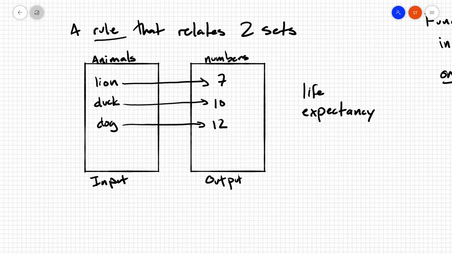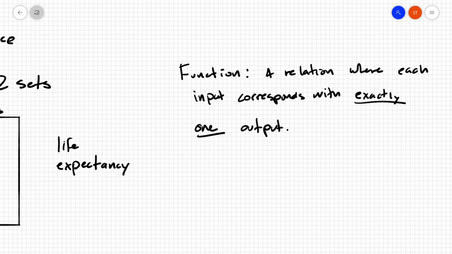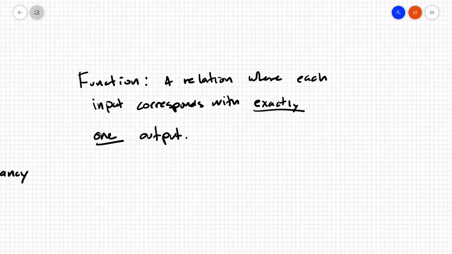So where things start to get a little bit murky is, what if I were to add another animal in here, like say a rabbit, and what if it also has a life expectancy of 10 years? Still a relation, still has an input and output, a rule that's relating the two sets, but does it meet this more rigid definition of a function?